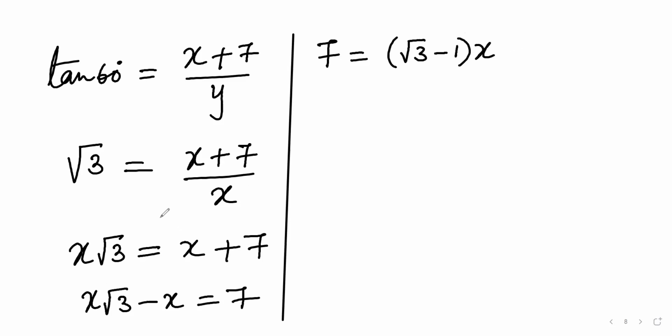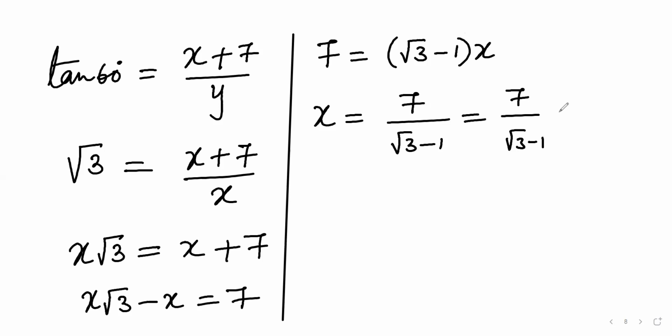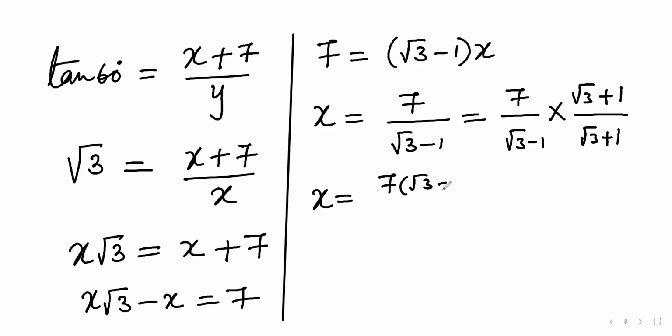So x equals 7 divided by (root 3 minus 1). That can be simplified by multiplying by (root 3 plus 1) divided by (root 3 plus 1). That is called rationalization. So now the numerator is 7 times (root 3 plus 1).